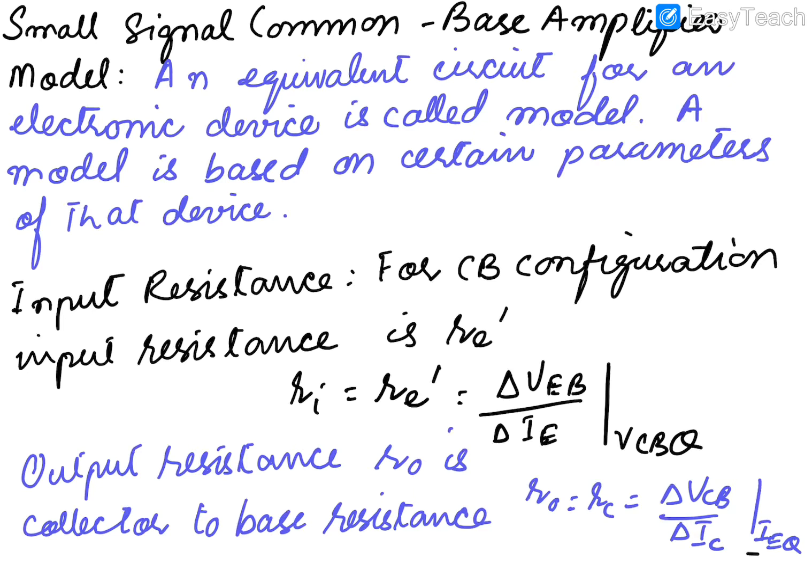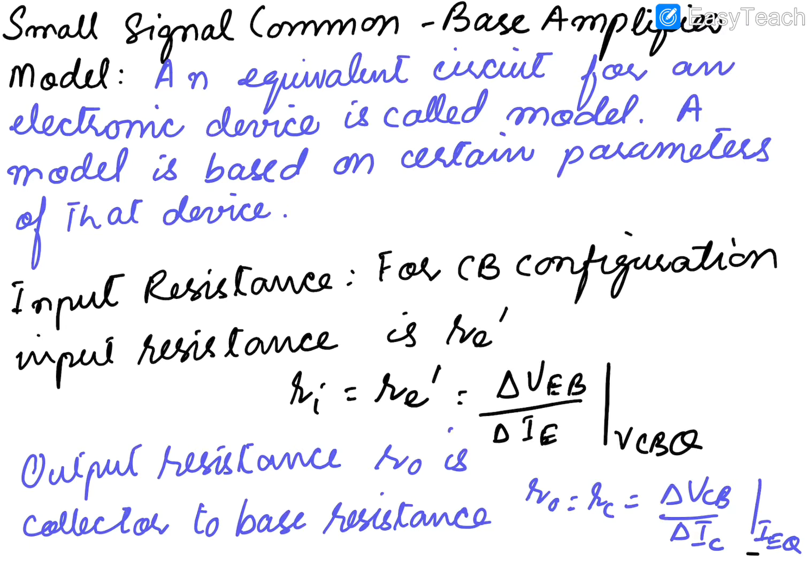For common base configuration, as we know, the input resistance is basically the emitter resistance Re dash, which is equal to change in emitter to base voltage divided by change in emitter current at a fixed value of collector to base voltage.